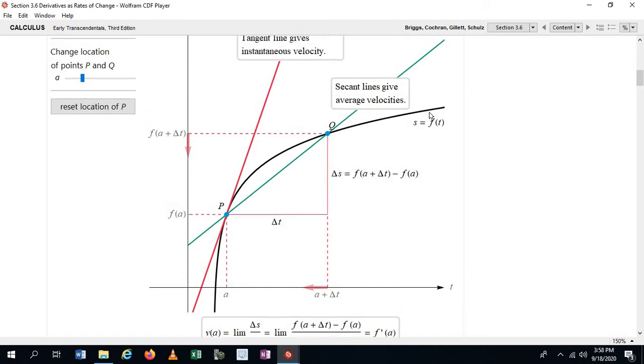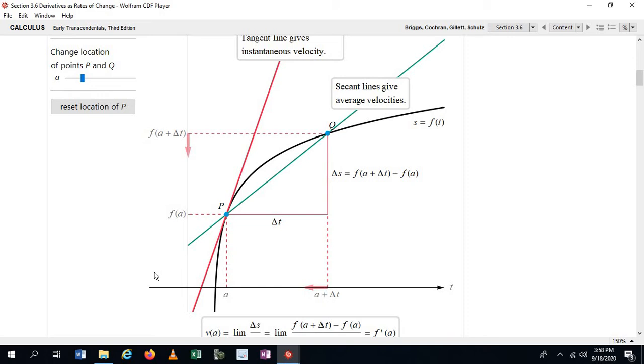Suppose this is the graph of the position function, and we want to find the average velocity of the object between this time a and this other time a plus delta t. Now, you may remember the average velocity of the object between these two times is simply the slope of the secant line between those two points on the position function.